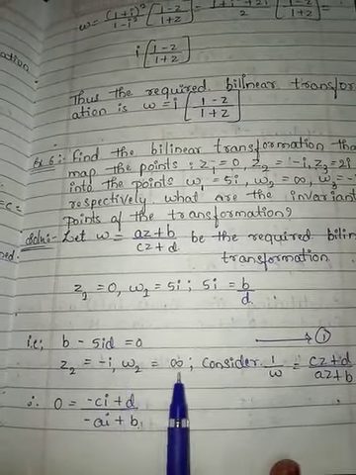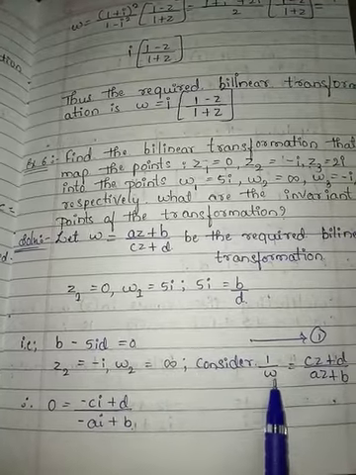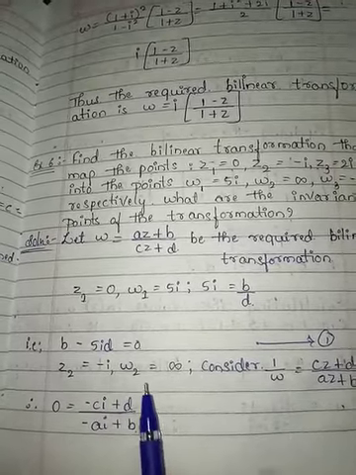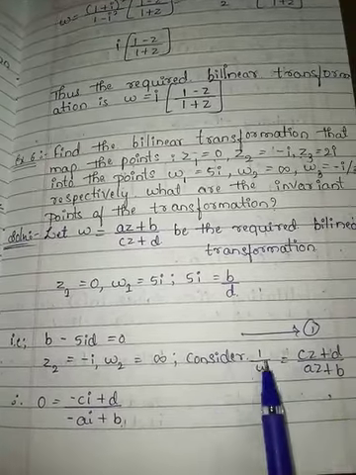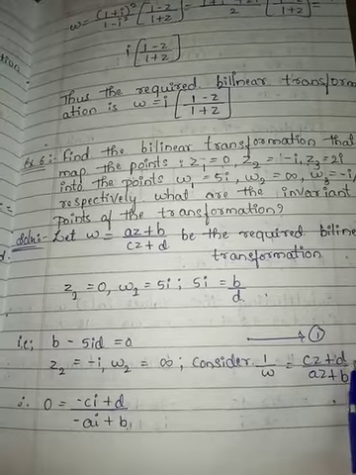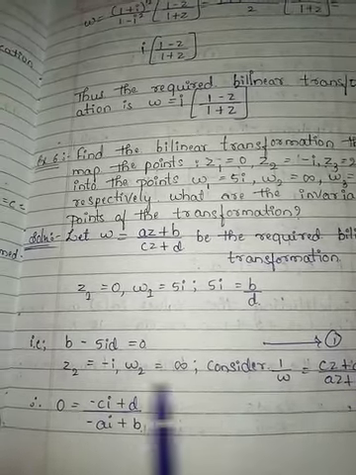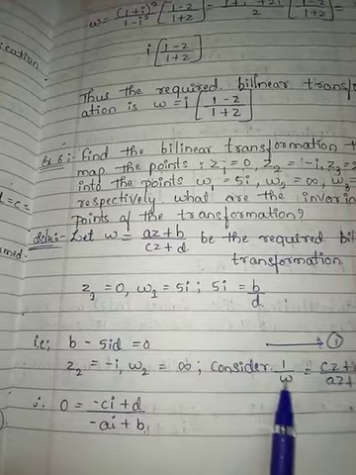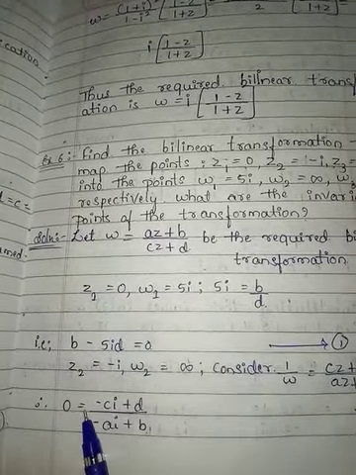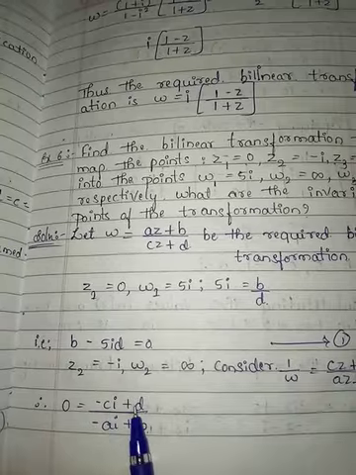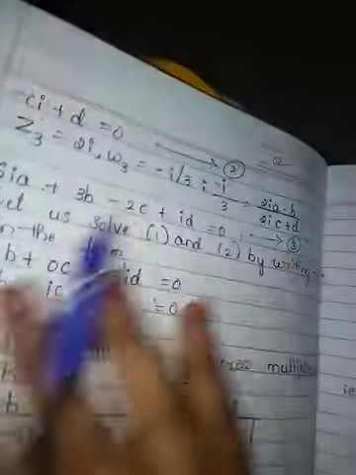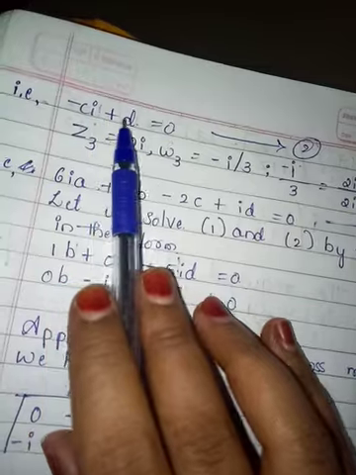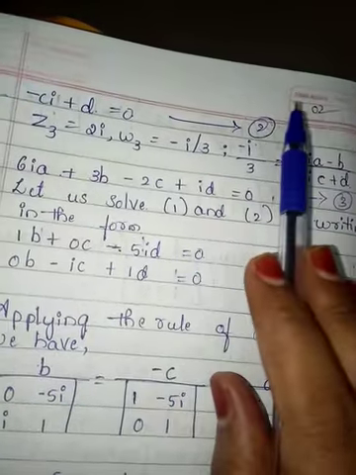Before substituting, first consider 1/w, because when we directly substitute w = infinity, we get the whole term as infinity. Therefore 1/w is 1/infinity, which is 0, equal to (-ci + d)/(-ai + b). That is, -ci + d = 0. Name this equation 2.